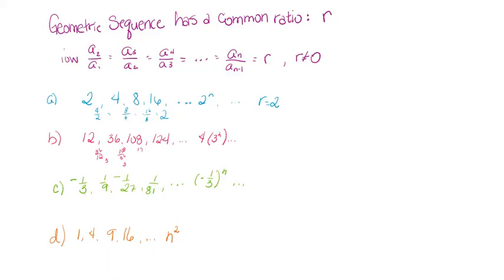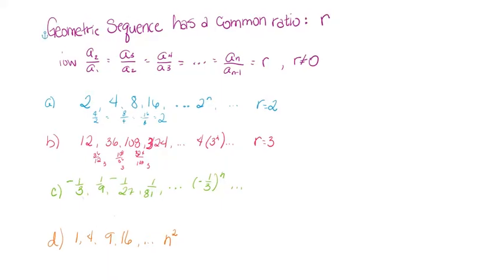And 324 divided by 108 is also equal to 3. Or I could say 12 times 3 is 36, 36 times 3 is 108, 108 times 3 is 324, and so forth. So this all has a common ratio of 3.